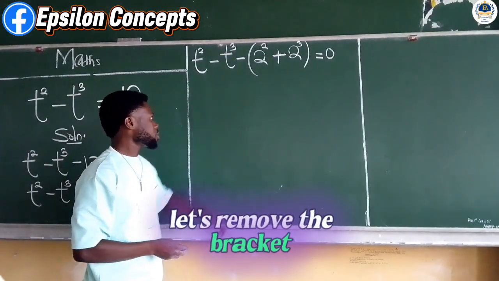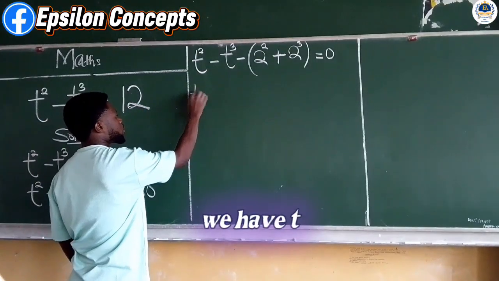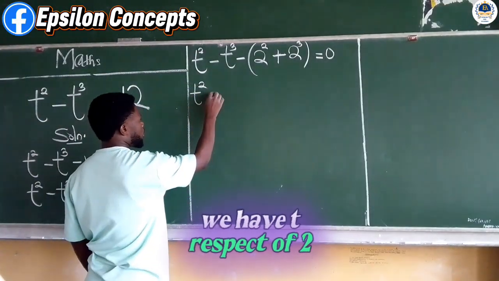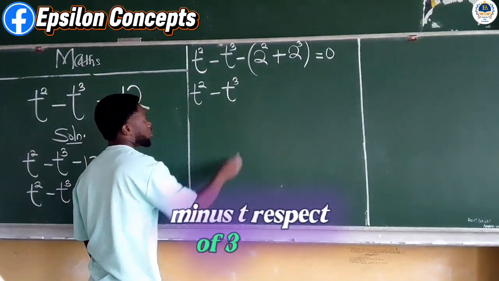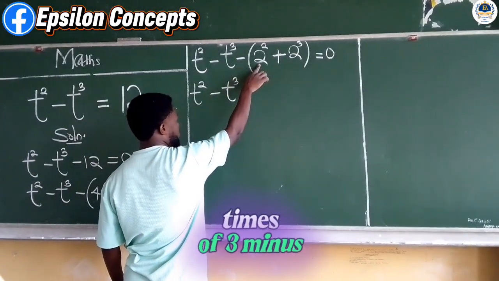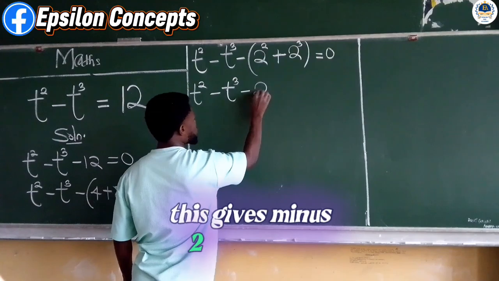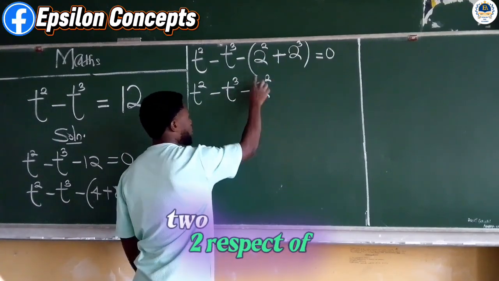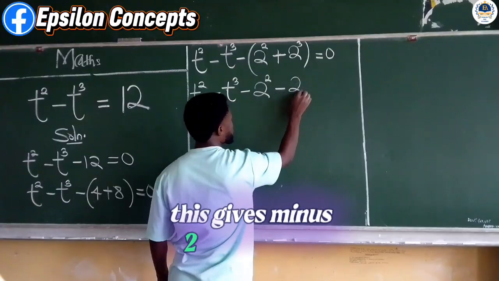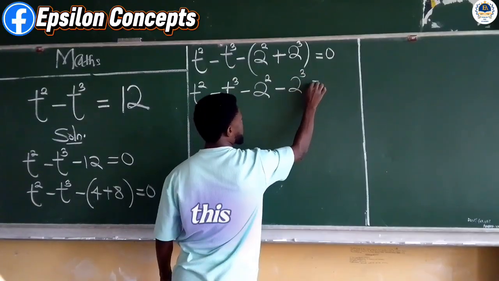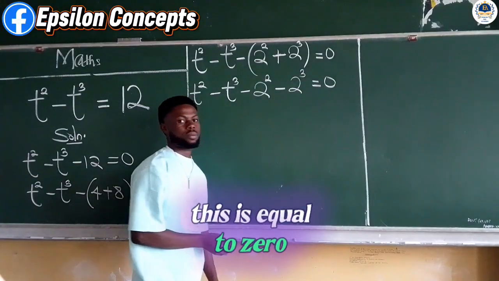Let's remove the bracket. We have t raised to the power of 2 minus t raised to the power of 3, minus times this gives minus 2 raised to the power of 2, minus times this gives minus 2 raised to the power of 3. This is equal to 0.